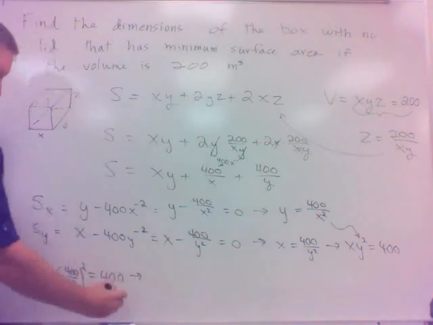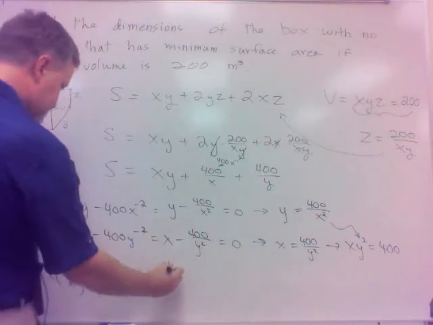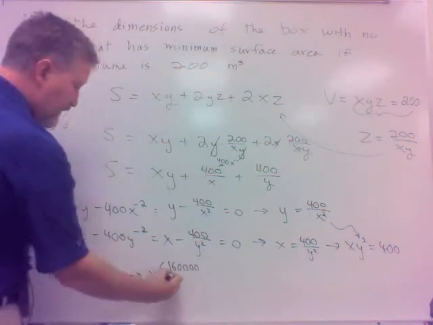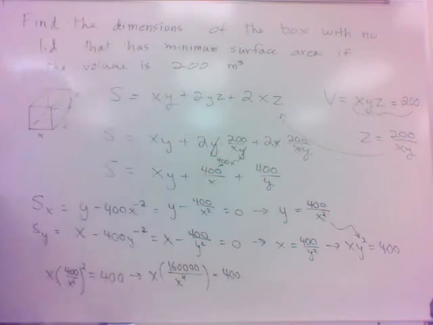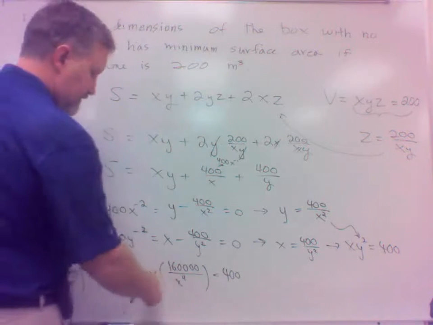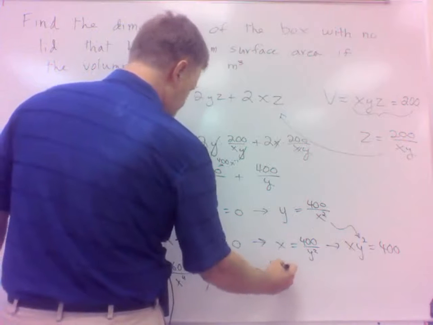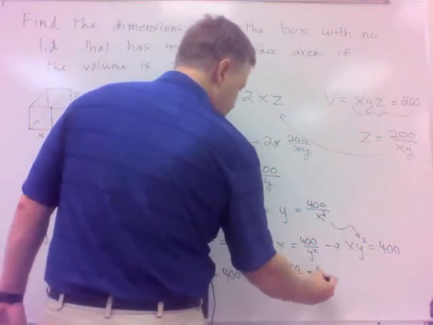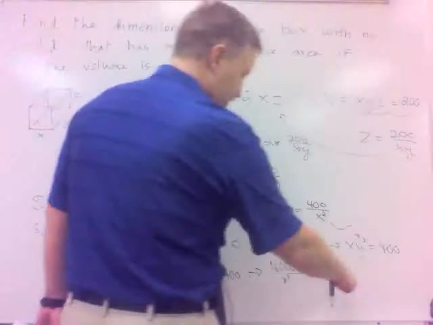Which would mean x times 400 squared, that's 160,000, over x to the fourth, equals 400. So that would be 160,000 over x cubed equals 400. Okay. So multiply by x cubed, divide by 400.